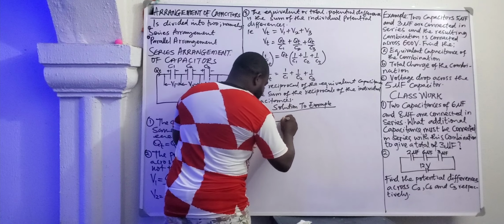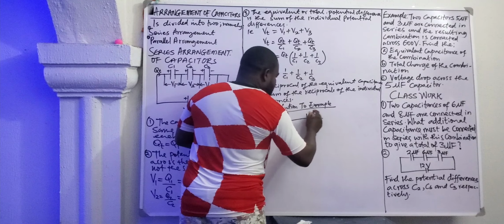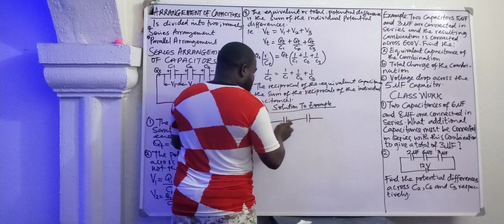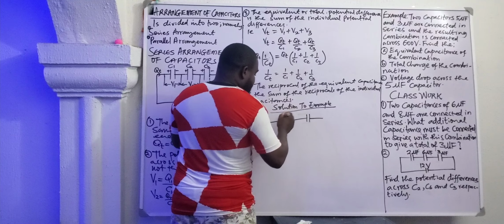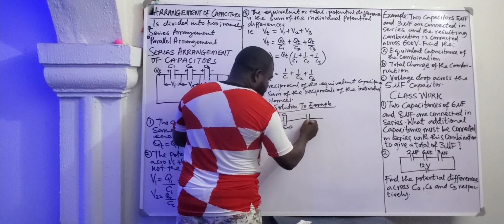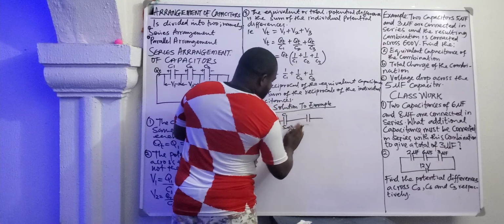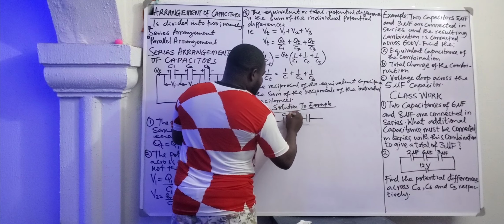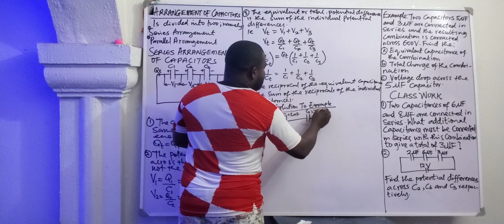So let's put a sketch there. Let this be 5 microfarad, so this is C1. Let this be 3 microfarad, this is C2.